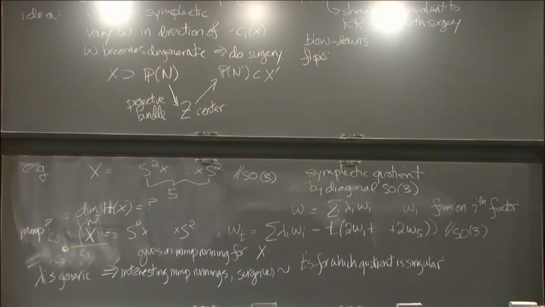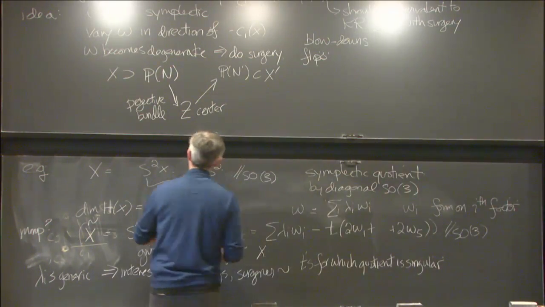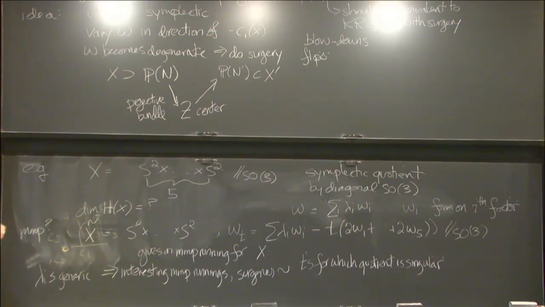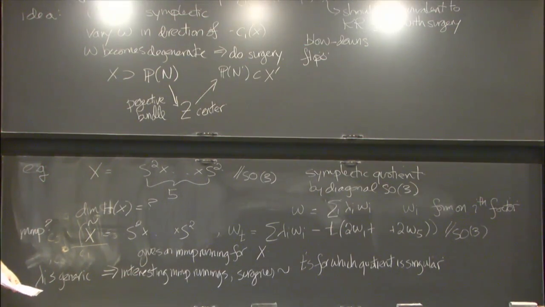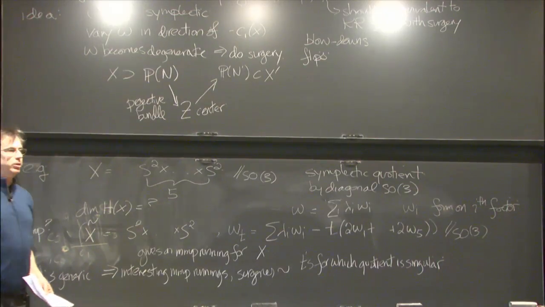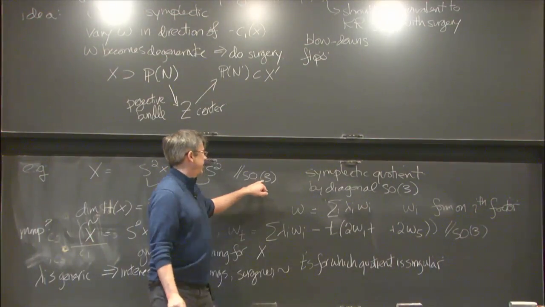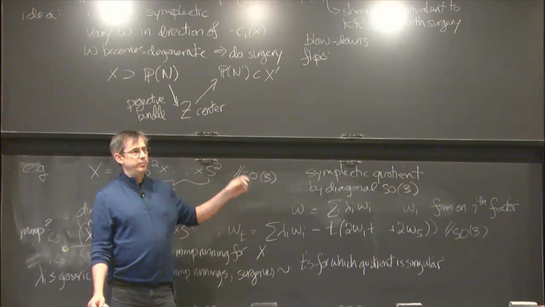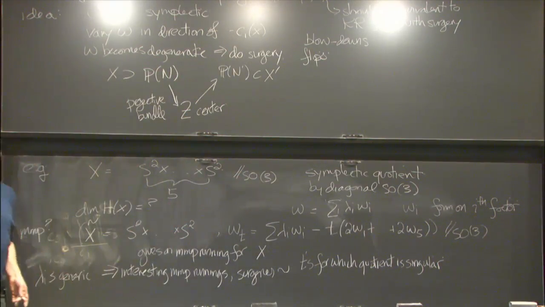And when do you get a singular quotient? Well, you get a singular quotient when there's a point in here which is in the 0 level set of the moment mapping, which has a positive dimensional stabilizer. Well, if you have a positive dimensional stabilizer by SO3, it has to contain an SO2. And configurations which are fixed by SO2 just means that they're all on the same line.